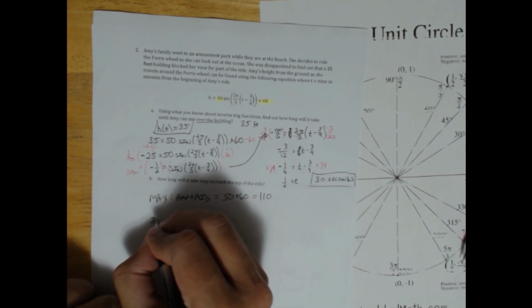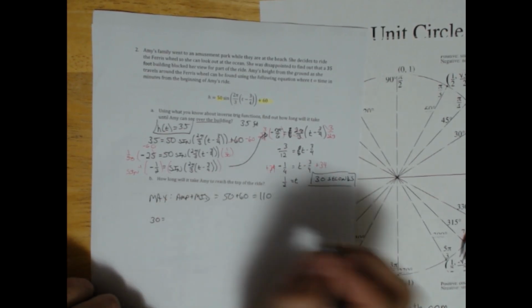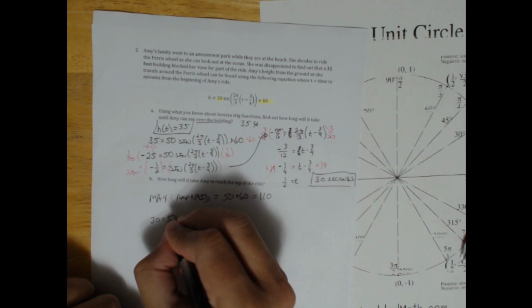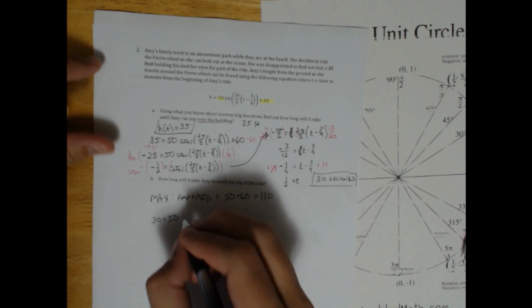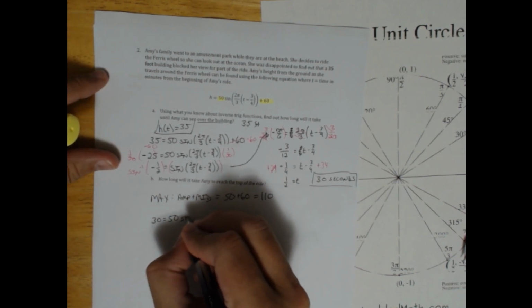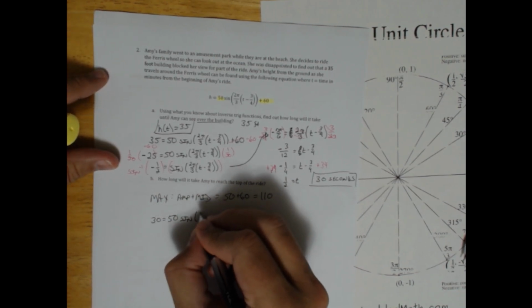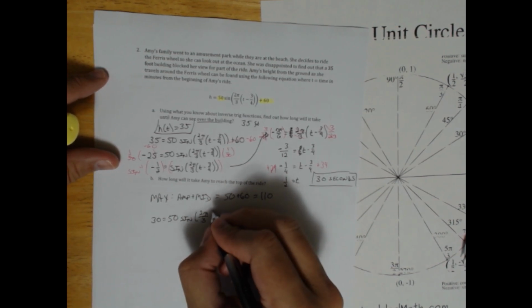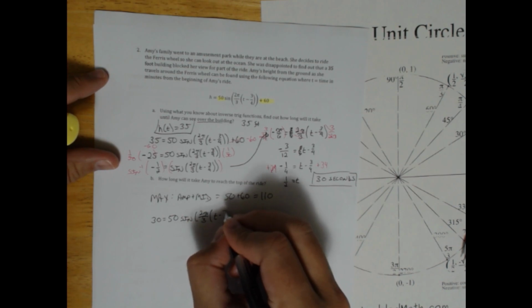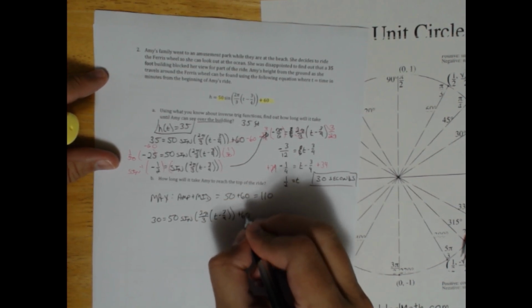So 110 is equal to 50 times sine of 2 pi over 3 t minus 3/4, plus 60.